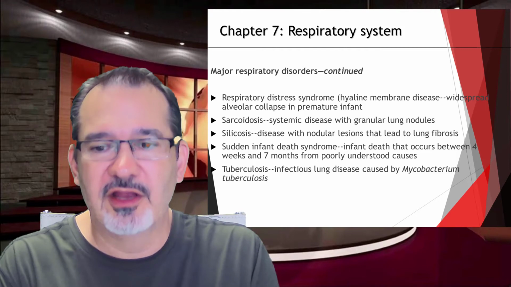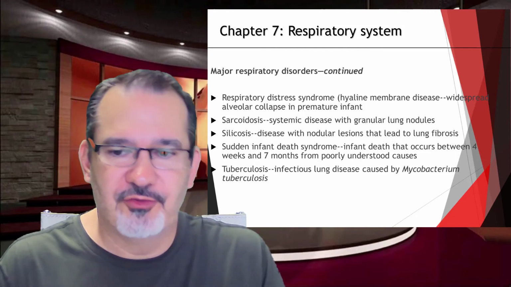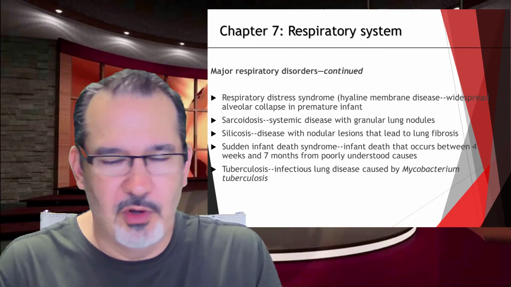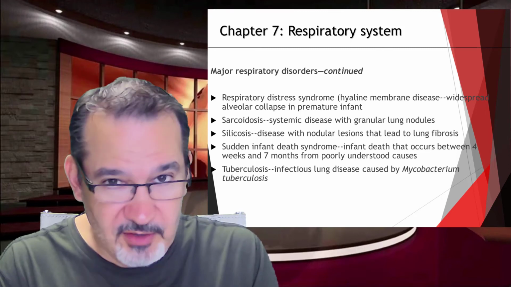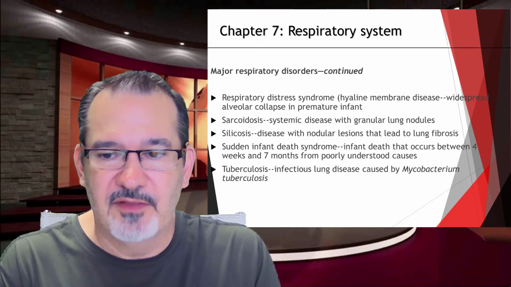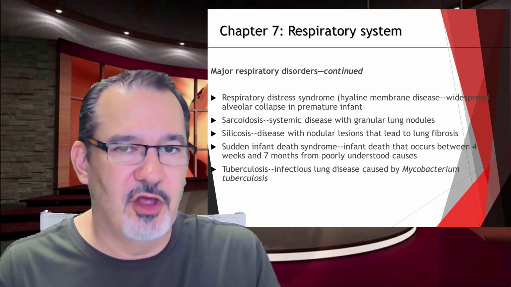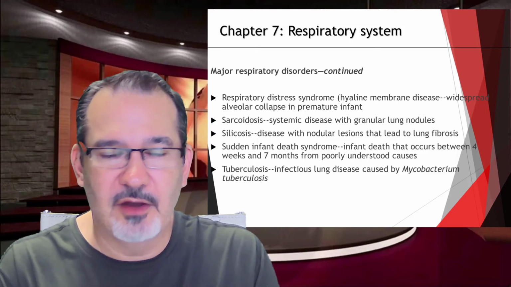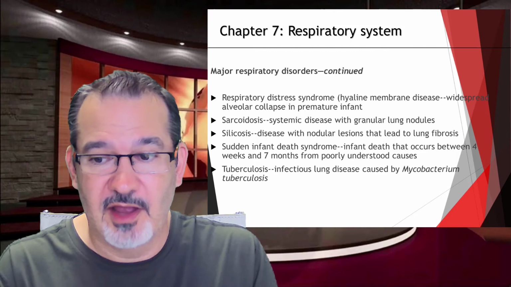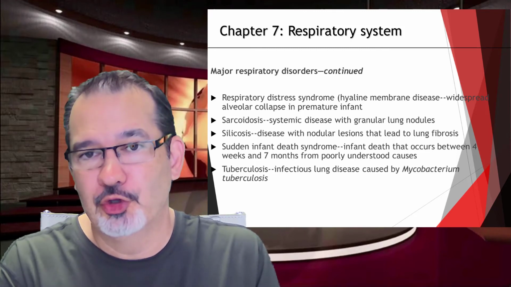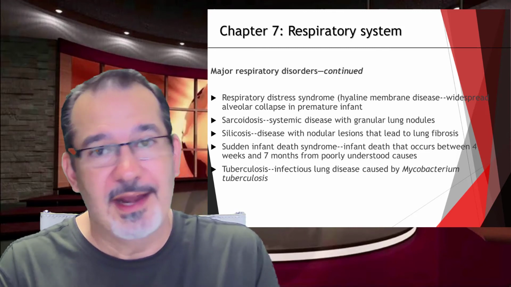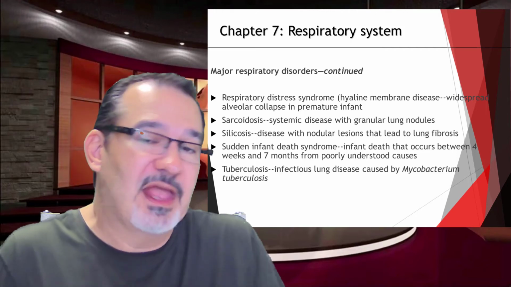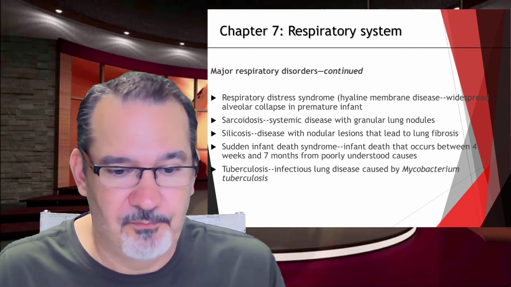Sarcoidosis is a fairly rare condition that causes small red swollen tissue called granulomas, and they develop in the organs of the body. It usually affects the lungs and the skin. Okay, and the symptoms depend on which organs are affected. All right, but they typically include tender red bumps on the skin and shortness of breath.